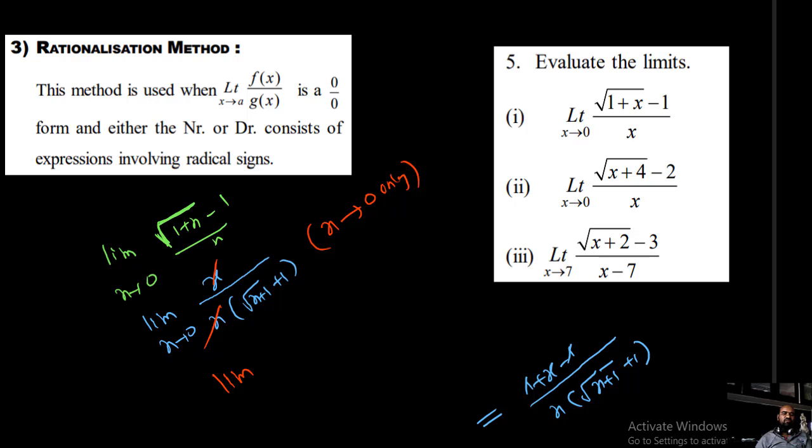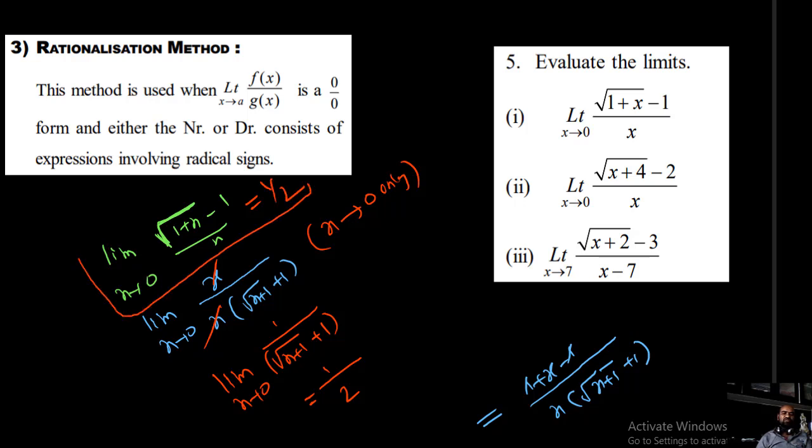The limiting value of 1 by root over x plus 1 plus 1, x is tending to 0. Now substitute 0 instead of x, so what will we get? 1 by 2, 1 plus 1, 1 by 2, which is a finite value. Finally what I can say, the limiting value of this function is 1 by 2. Okay, in this way you can find the limit of functions by using the concept of rationalization.